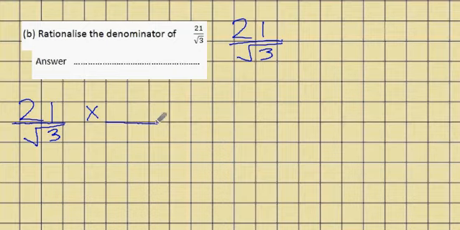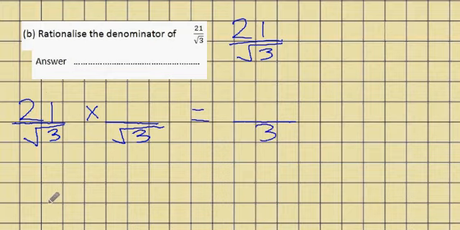So root 3 times something will give us a rational number. The obvious thing, we said that squaring it will get rid of that square root sign because it's the reverse. So let's multiply root 3 by root 3, which is the same as root 3 squared. Root 3 times root 3 is equal to 3.